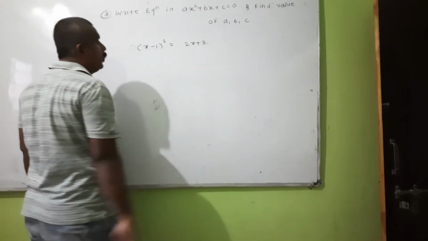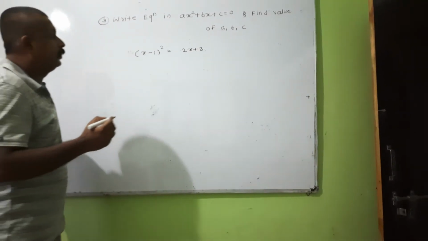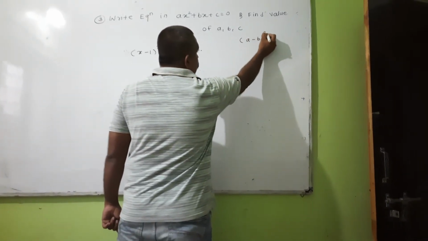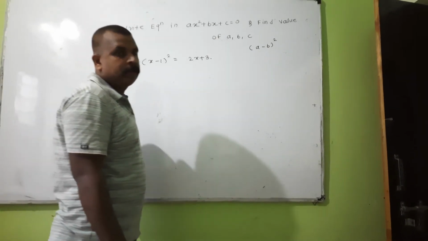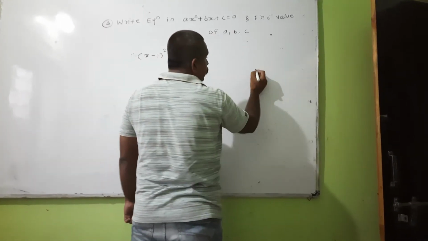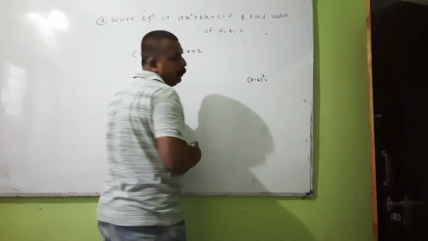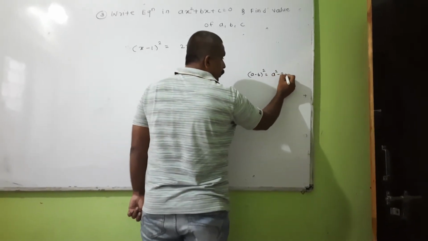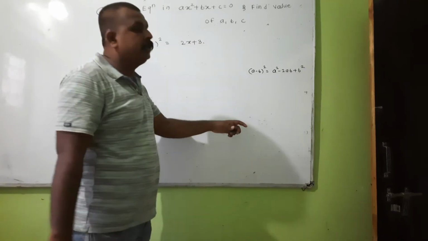When you try to solve this example, you should know the identity, and I think in 8th standard you already studied this identity, (a minus b) bracket square. So what is that identity? It's a square minus 2ab plus b square. This is the expansion of this bracket.